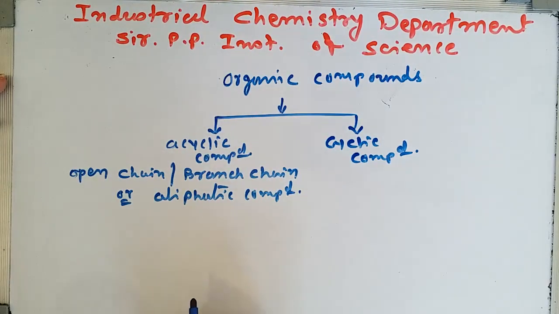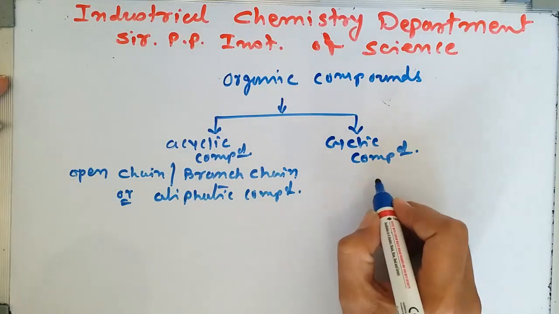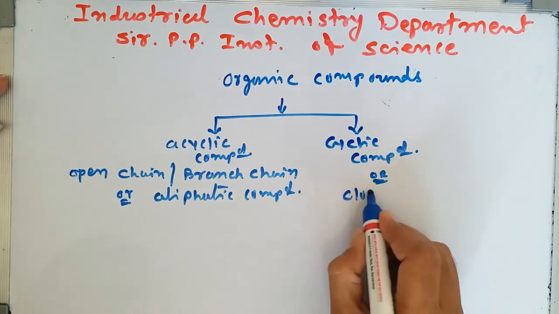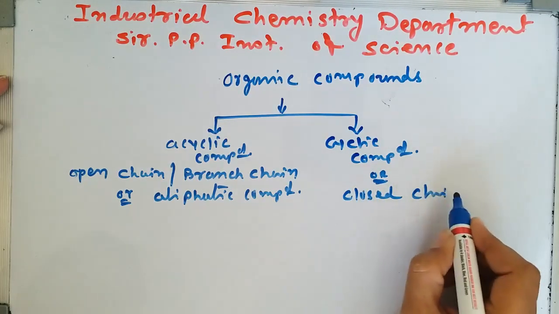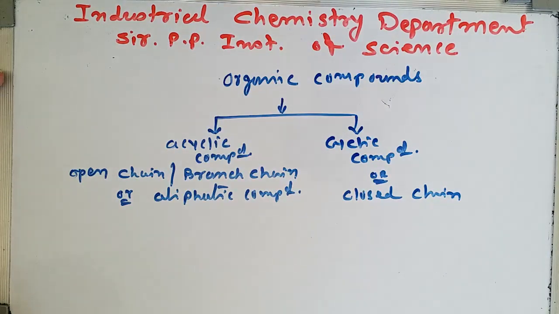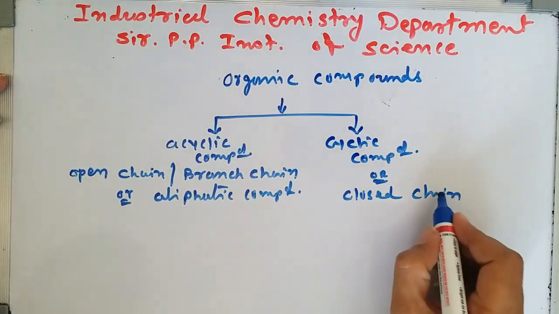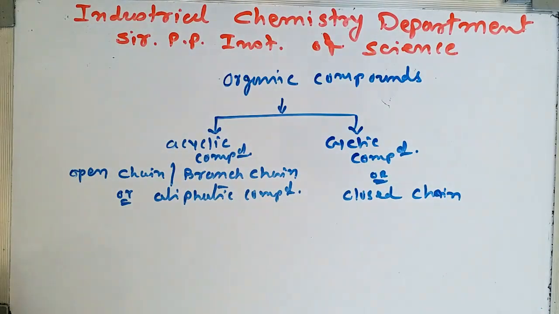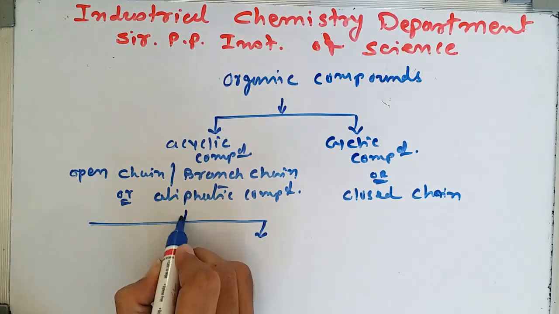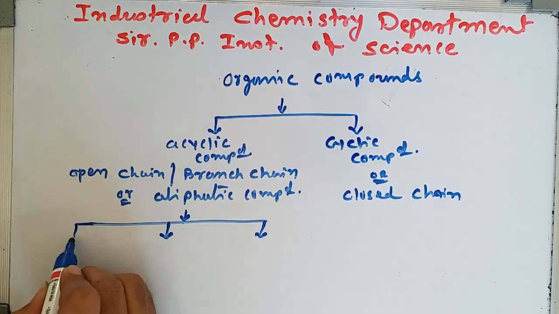While cyclic compounds are also known as closed chain compounds. These acyclic compounds are further classified into three groups.